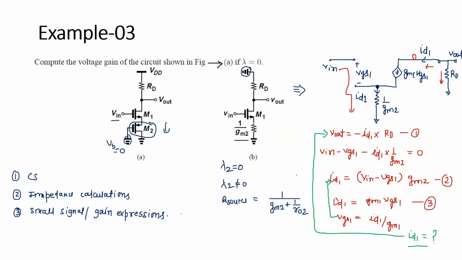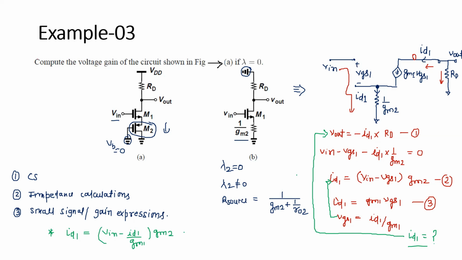If I exactly calculate it, ID1 is equal to Vin minus ID1 by gm1 times gm2.